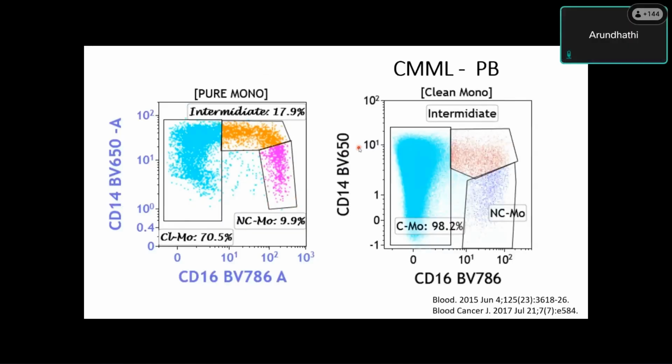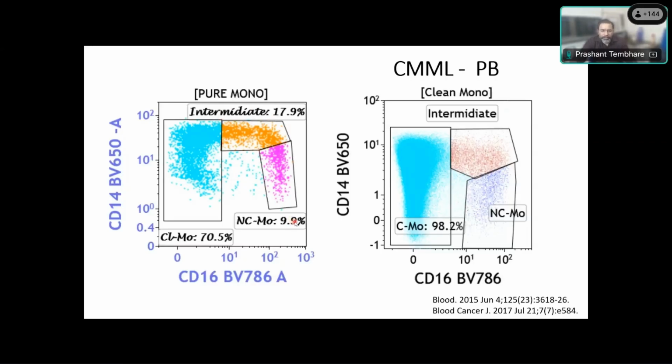Now, normally, when you take mature monocyte in all normal individuals, under normal conditions, these classical monocytes are usually less than 94% of total monocyte, and the remaining 6% or more is contributed by intermediate and non-classical monocyte.